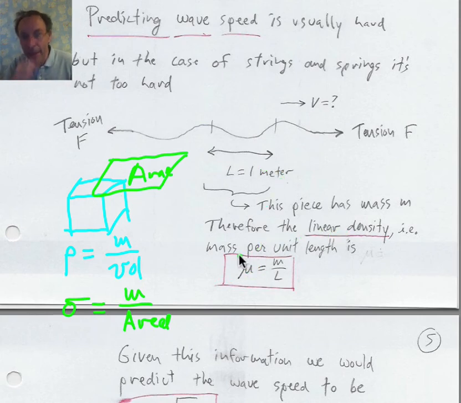And so the linear density is the mass per unit length. Right? Now, volume density would have units of kilogram per cubic meter. An area density would be kilograms per square meter. And linear density would be kilograms per meter. That's linear density.